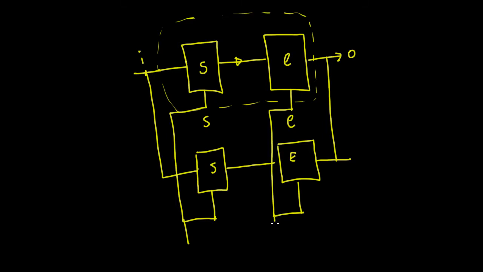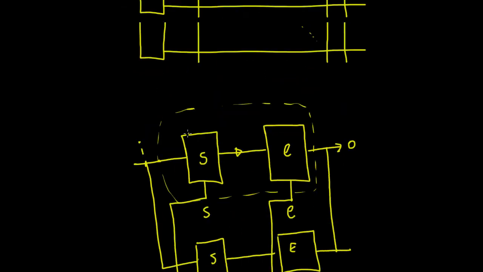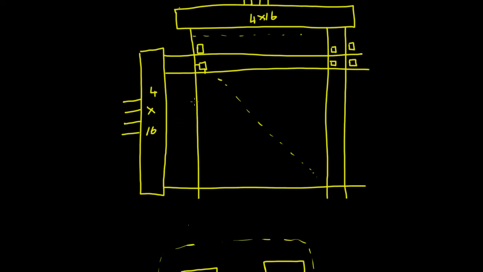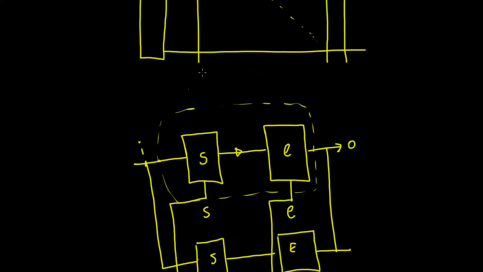When you go further up the hierarchy, these will all be tied together. So the input comes into every single memory cell and just sits there, but nothing will happen to it until we choose which memory cell will actually be read from or written to.